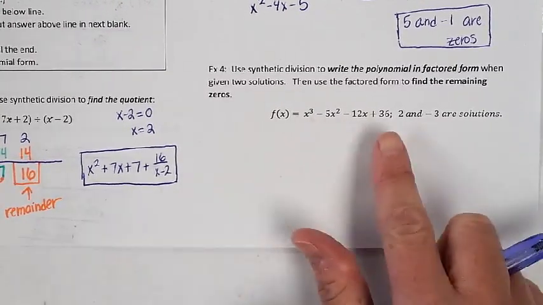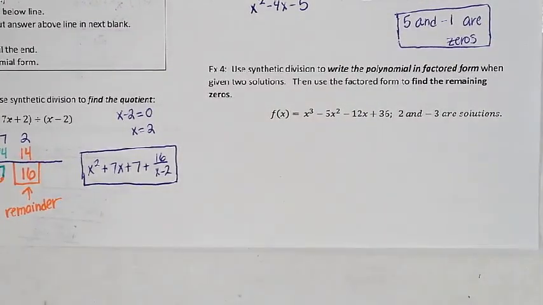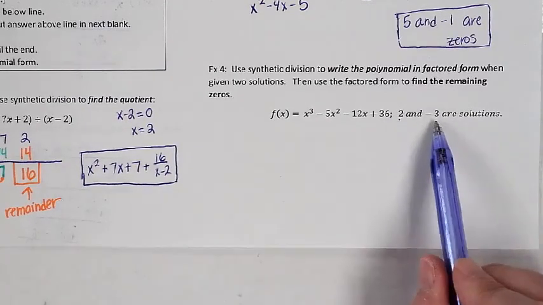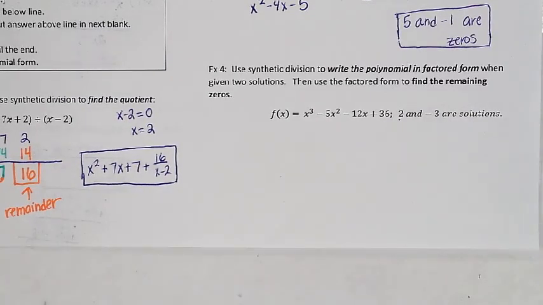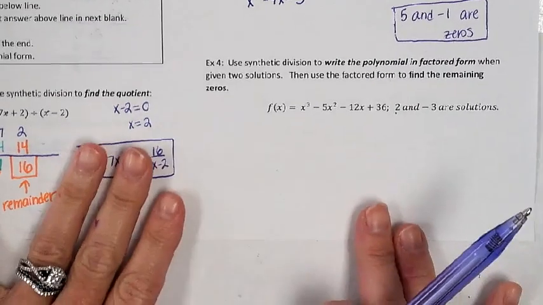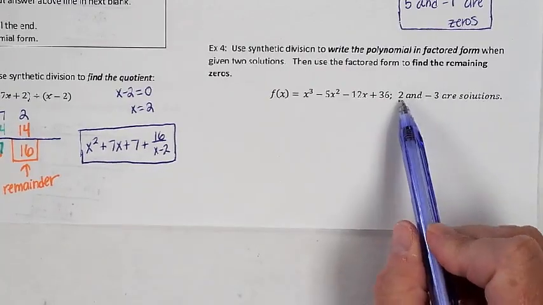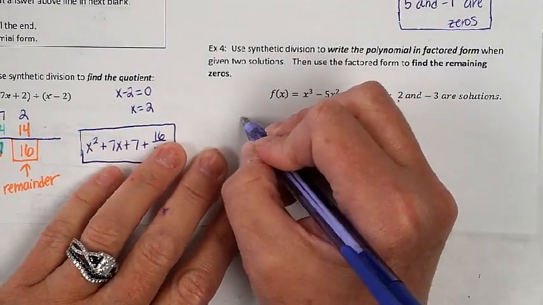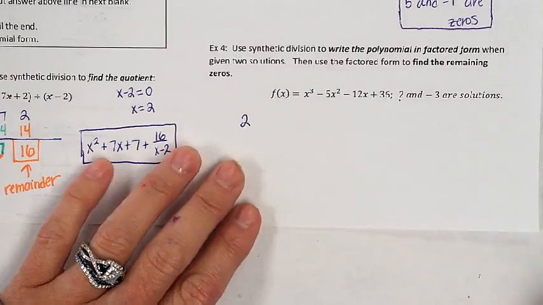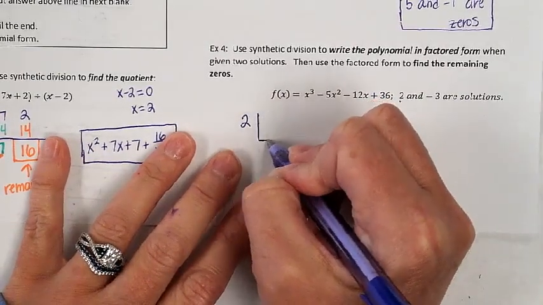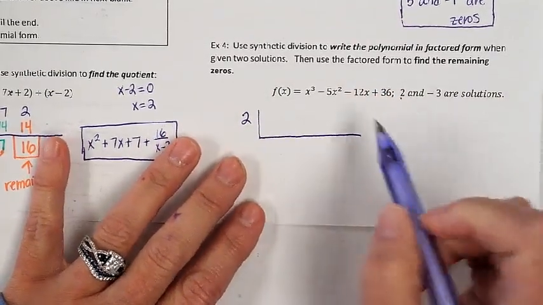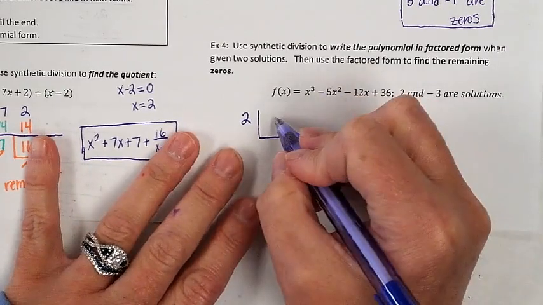So I'm giving you two of the solutions. You can start with either one. I'm going to start with 2. So just like we did above, synthetically divide. My coefficients are going to be 1, negative 5, negative 12 and 36.